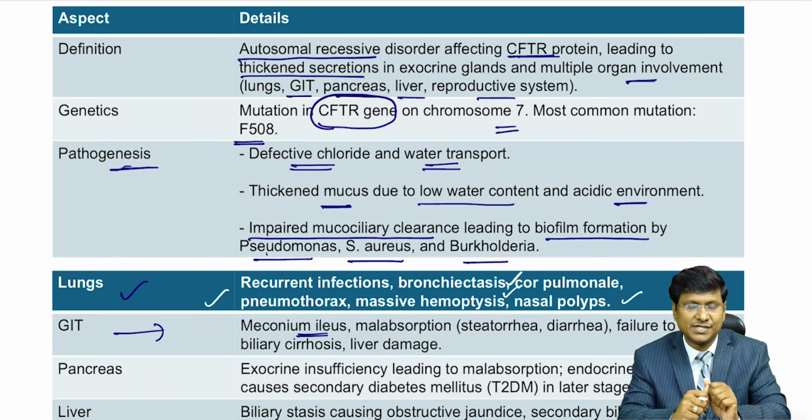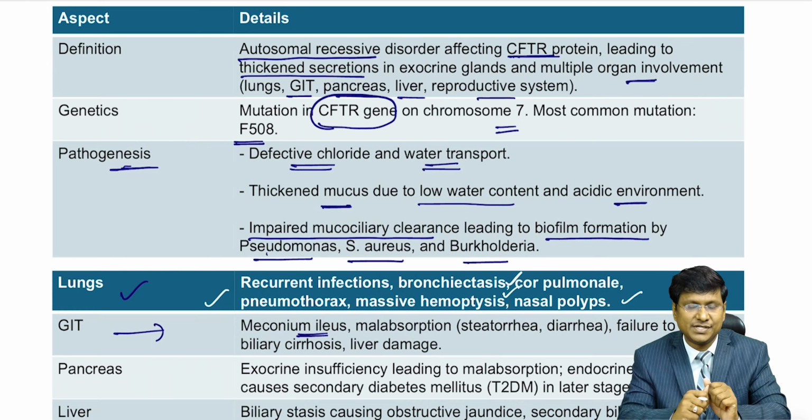Then what will be the hepatic abnormality? The hepatic abnormality that you see in patients with cystic fibrosis is that all the secretions become very thick. So these patients will have biliary stasis, because the biliary secretions also become thick.